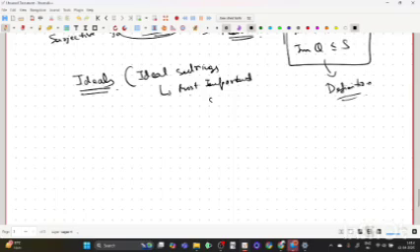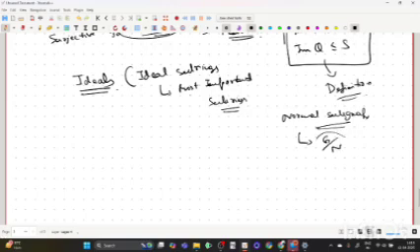Now if you go back to group theory, there also we have the notion of subgroups, but there was a particularly important class of subgroups which we called the normal subgroups, because these helped us in constructing a new group, which is the quotient group, if you recall.